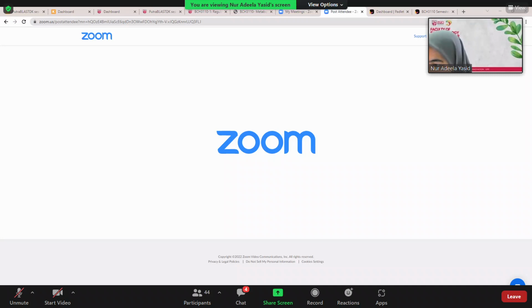Doktor cuba tekan dekat share screen, stop sharing. Sekarang saya tengah screen sharing. Awak nampak apa kat screen saya?